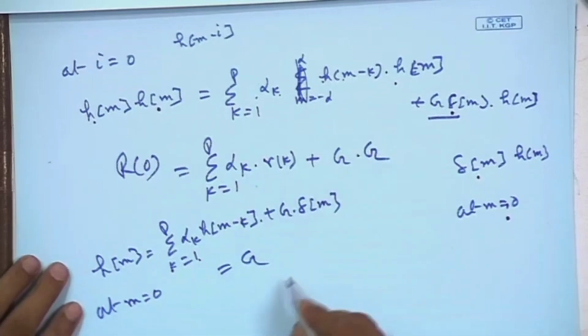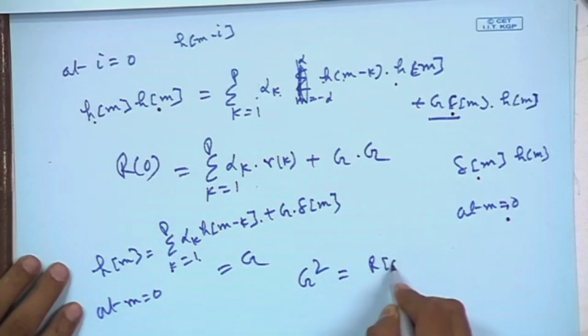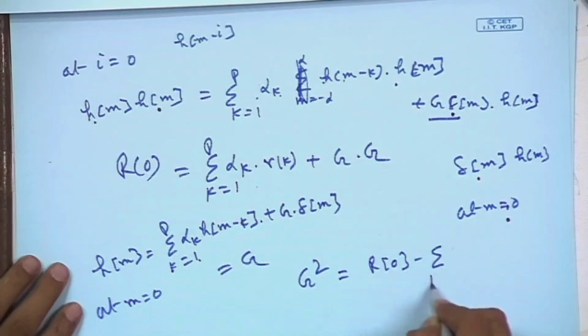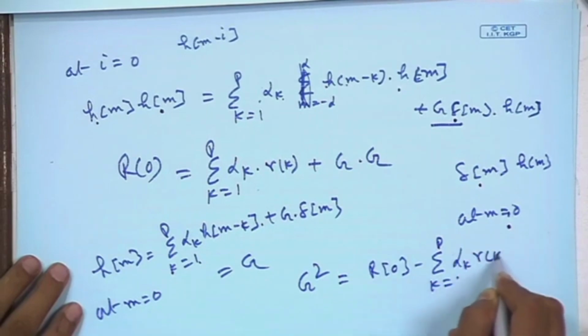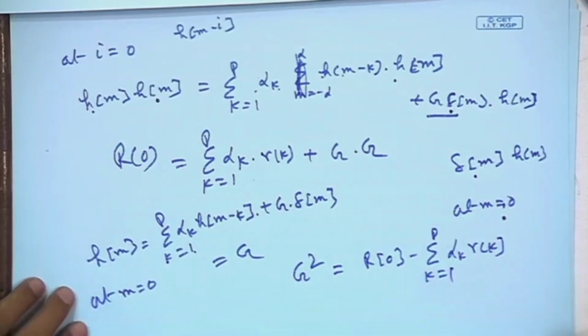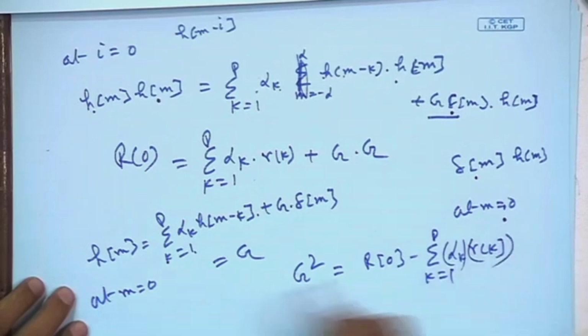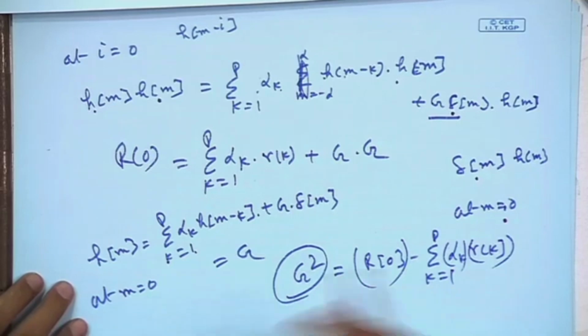So, g square is nothing but R(0) minus the sum over k equal to 1 to p of alpha k R(k). If I know the alpha value, the R(k) value, and the R(0) value, I can calculate g square. Once I get g square, I can calculate the g value. Is it clear or not?